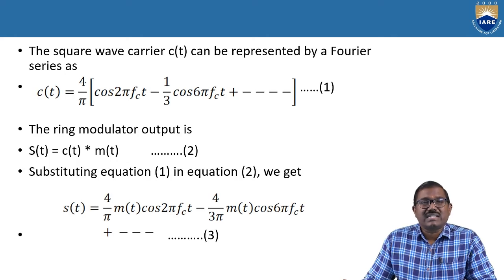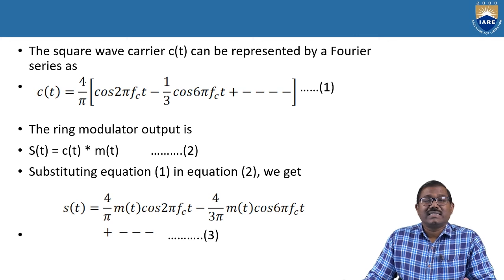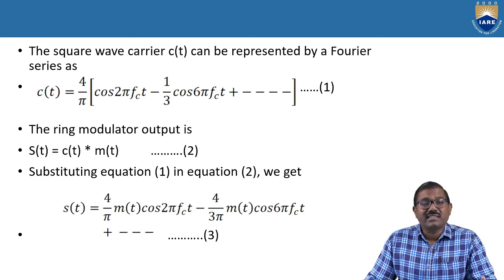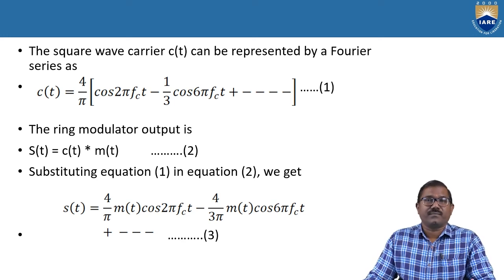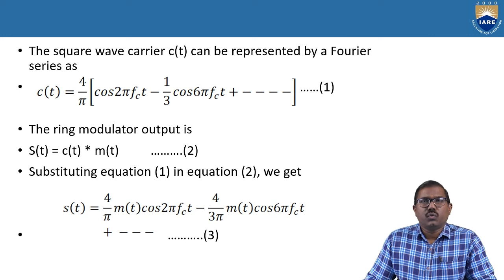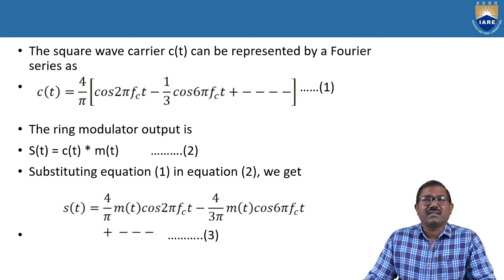That means the square wave carrier signal C of t, which drives the 4 diodes, determines which diodes are forward biased and reverse biased. We can represent this carrier by a Fourier series: C of t equals 4 by pi of [cos 2 pi fct minus 1 by 3 cos 6 pi fct, and so on].